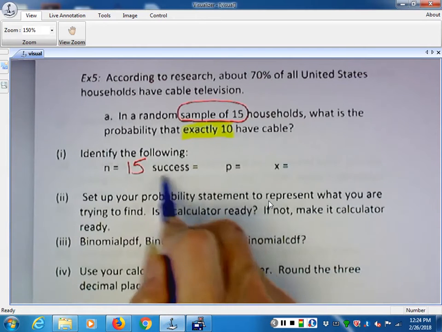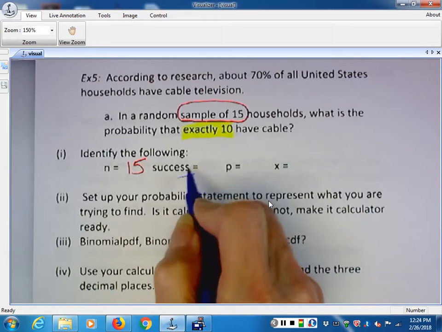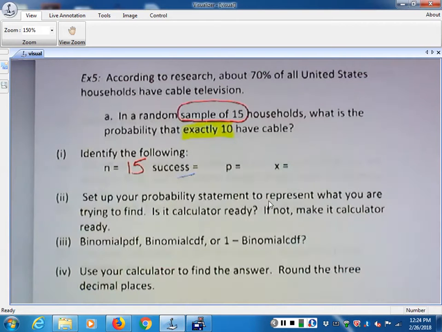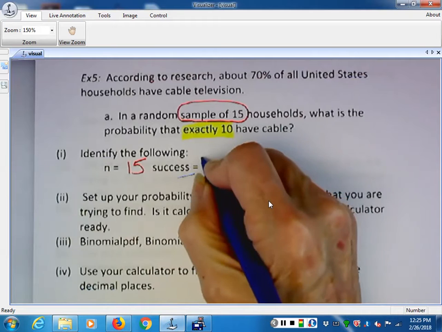What's the probability of success, or what is success? You're going to look at each household. What are we looking to see about that household? If they have cable or they don't. Okay? So success means they have cable.